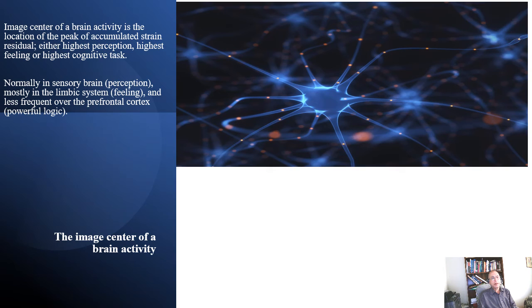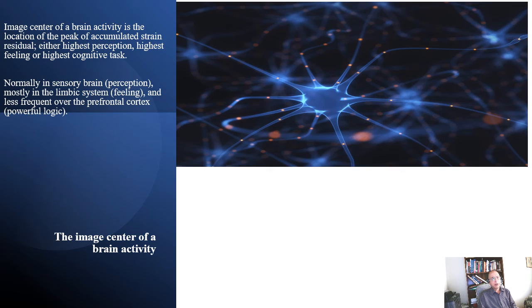This peak point happens where and when the strain residual load arrives at its climax and maximum amount. In observation activities, it is sensation or perception or a combination of both. In analytical and concluding brain tasks, it is the cognitive process and cognition.